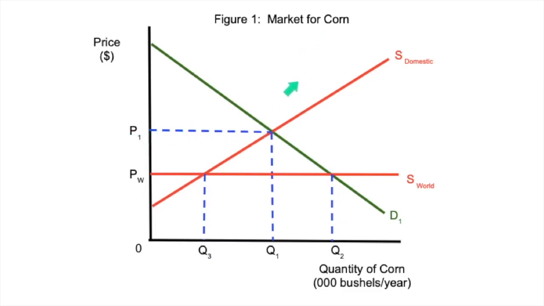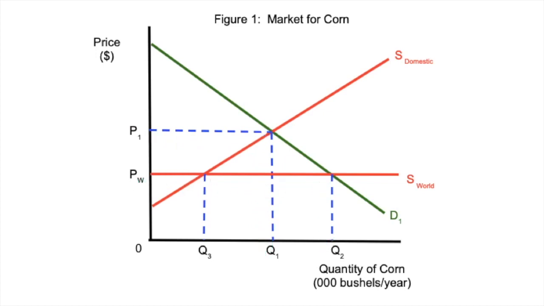Before the market for corn in the United States was open to international producers of corn, P1, Q1 was where the market operated, okay? But then the United States opened up its market for corn, and as a result of that, the equilibrium price quantity combination went from P1, Q1 to PW, Q2.